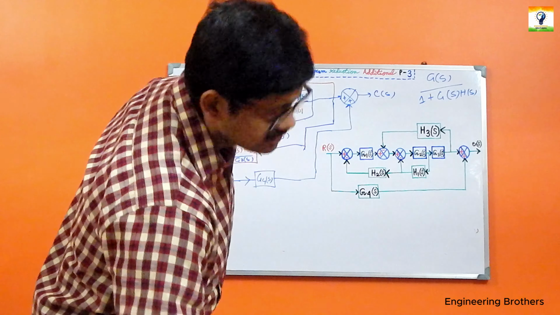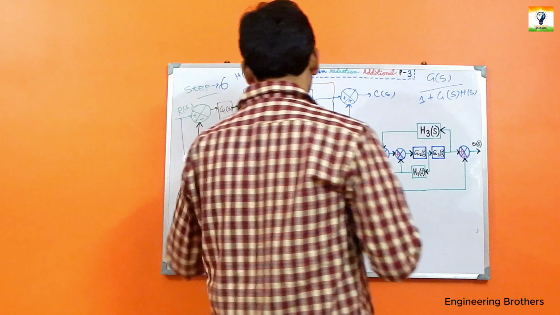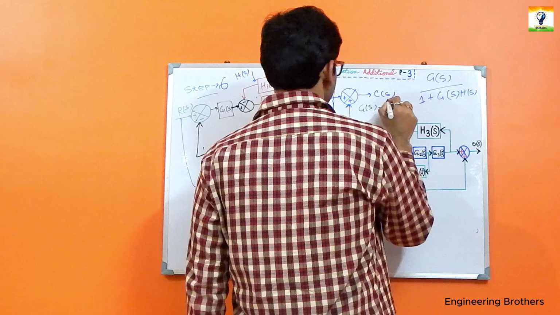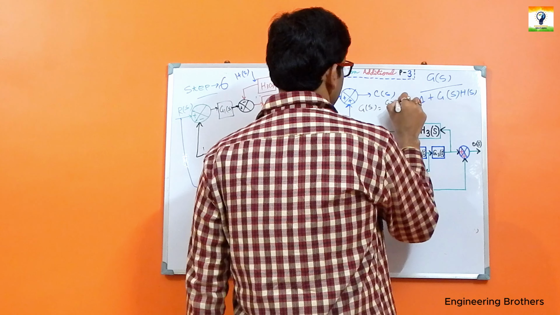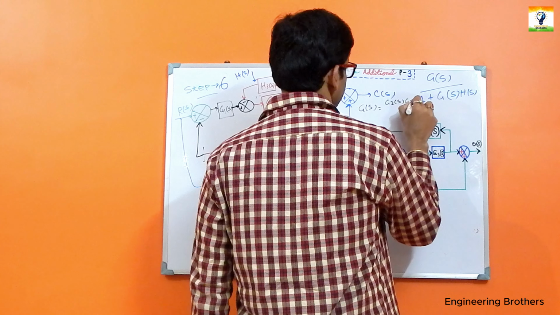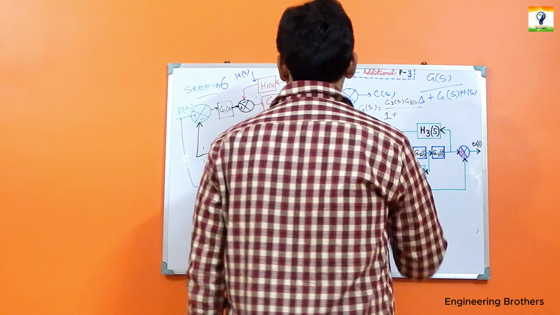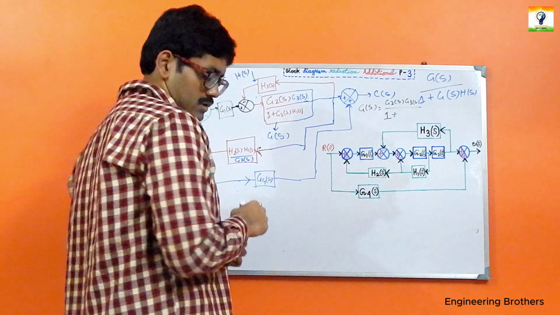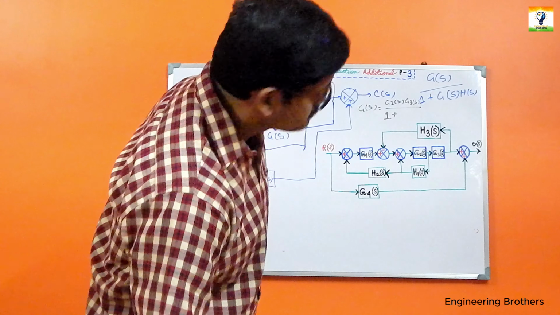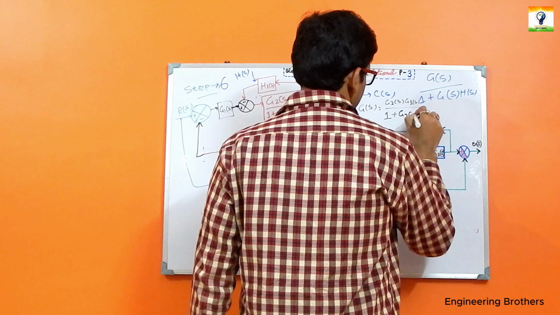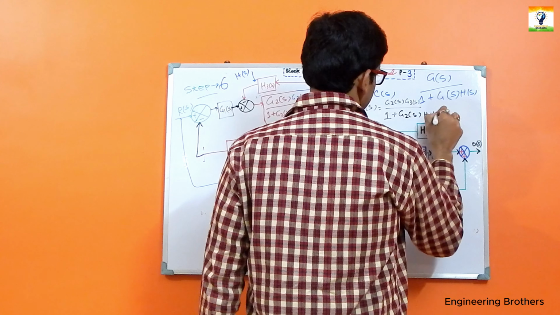Now I'm just going to write down over here the GS will be quite naturally our G2S G3S divided by our 1 plus G2S H1S.